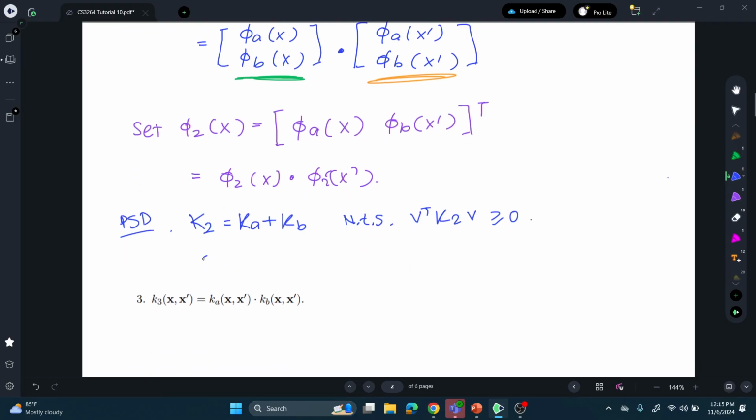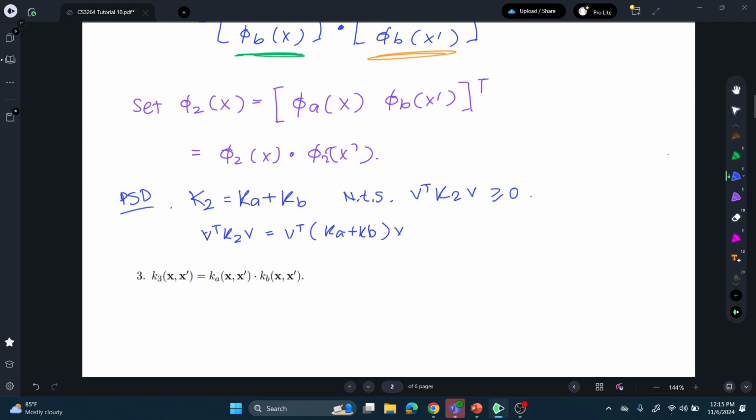Now we'll see. This v transpose K2 v is essentially equal to v transpose (Ka plus Kb) v. Now I can apply the distributive property. If I left multiply v transpose to Ka plus Kb, it is the same as v transpose Ka plus v transpose Kb, times v. Then I apply the distributive property again. Now this will be v transpose Ka v plus v transpose Kb v.